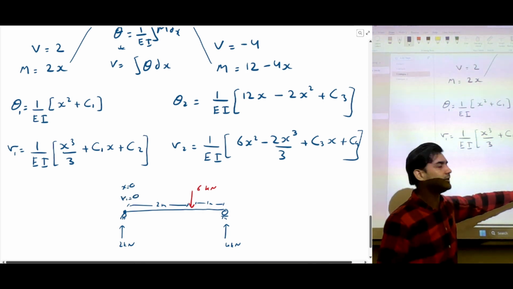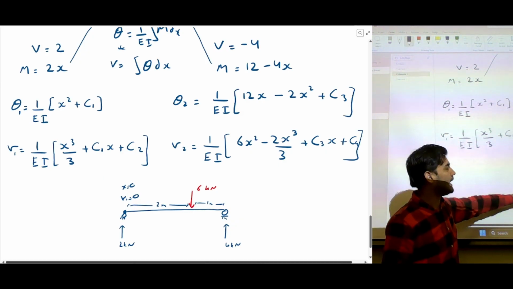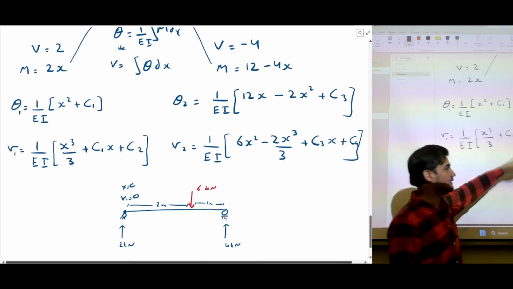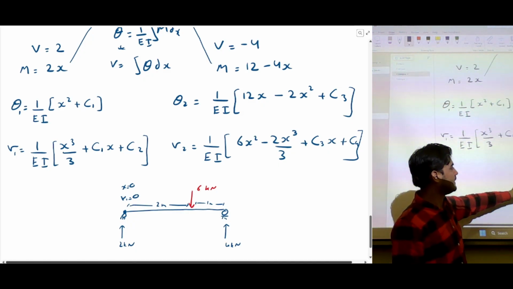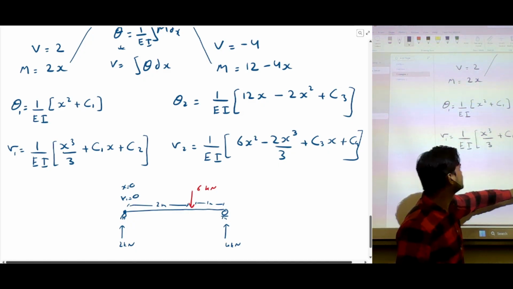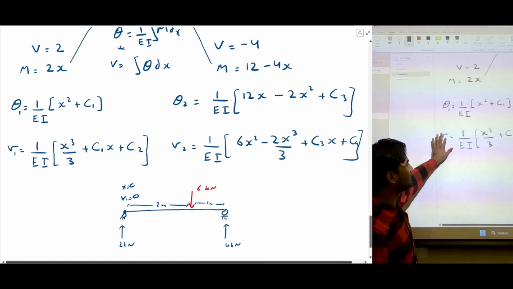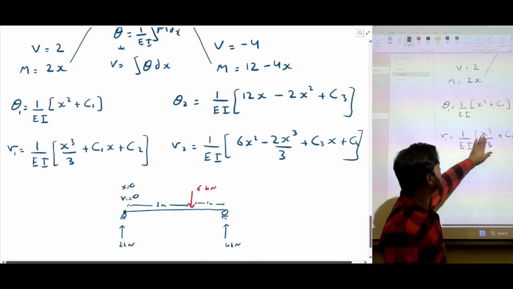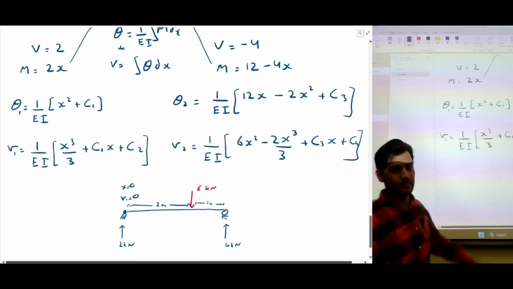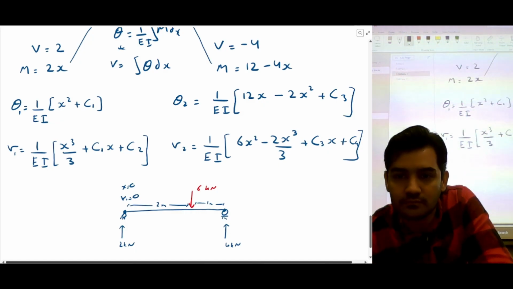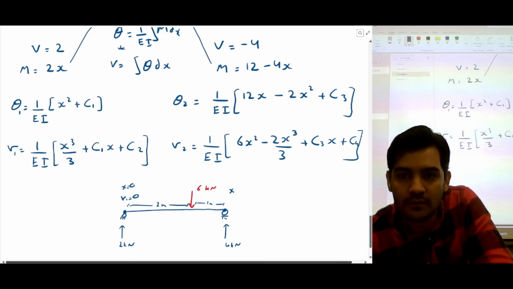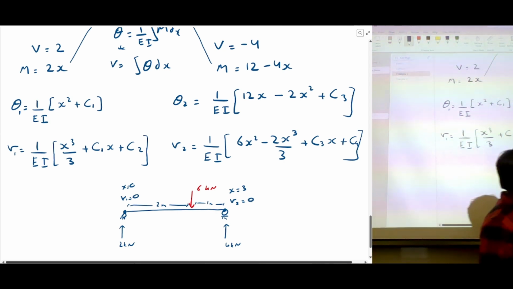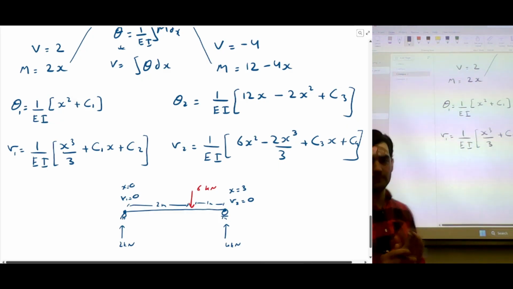We already know this because it's a pin support, and at the constraints you're not going to get displacements. So if x is equal to 0, displacement is equal to 0. We also know that at a roller support, where x is equal to 3, our displacement is 0. So you have two equations now.